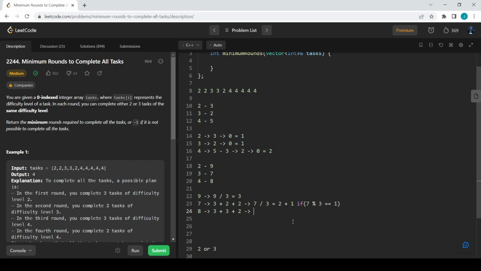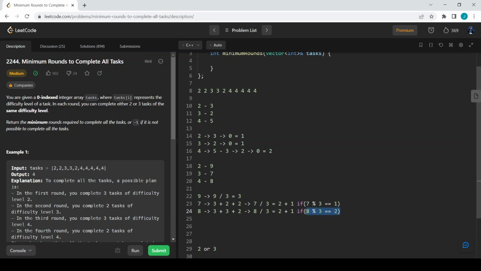So here how can we calculate the total number of rounds? We can calculate easily by 8 divided by 3, which is 2, plus 1 if 8 mod 3 is equal to 2.